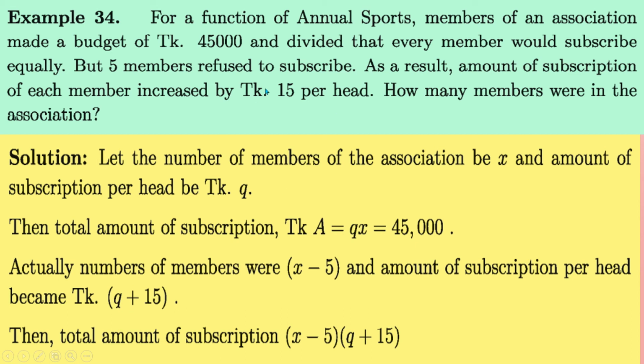That means as 5 members refused to subscribe, the actual members are x minus 5, but the subscription of each member increased by 15 taka. Before it was q, as increased by taka 15, so now the subscription per head is taka q plus 15. So this into this will be the total subscription. As a result, this into this also equals 45,000.